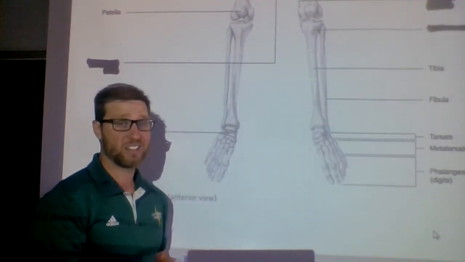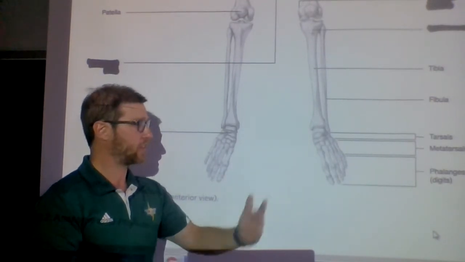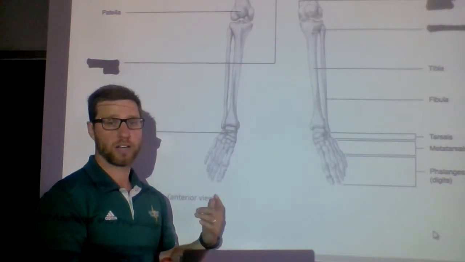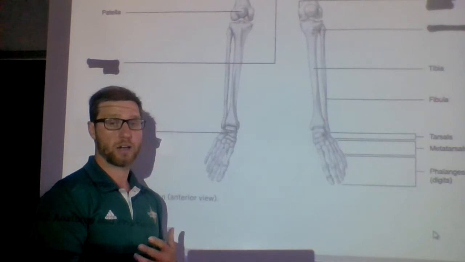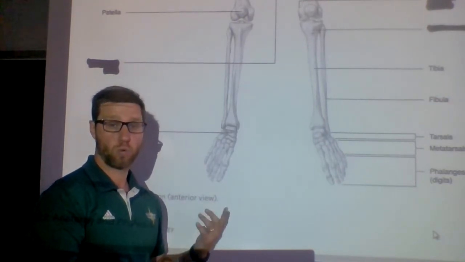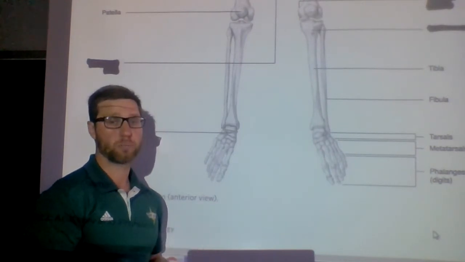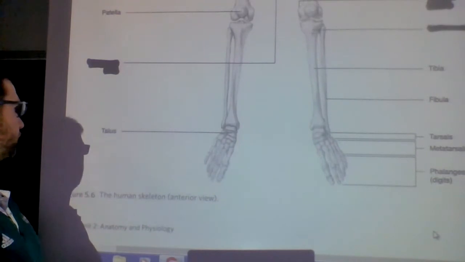And just like in your hands, in phalanges number 2, 3, 4, and 5, you have 3 bones: a proximal, middle, and distal. And then in number 1, the big toe, you just have 2, your proximal and your distal bone of the phalanges of the foot.